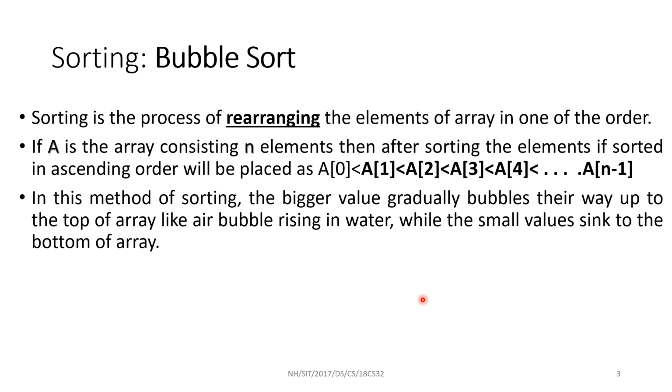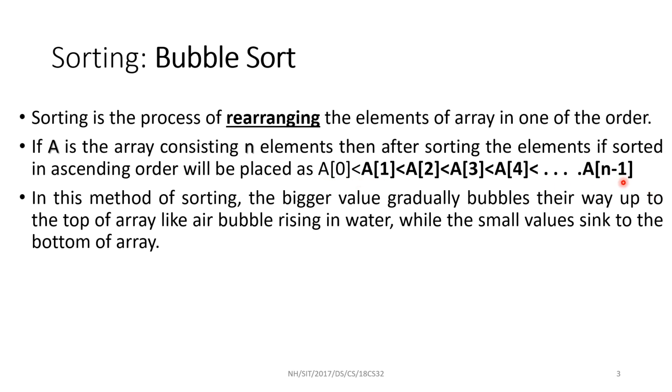If you consider the ascending order of the sorting process, the previous element is always of lower magnitude than the next element. In terms of index, I can write it this way: the previous element will always be of lower magnitude than the next element.